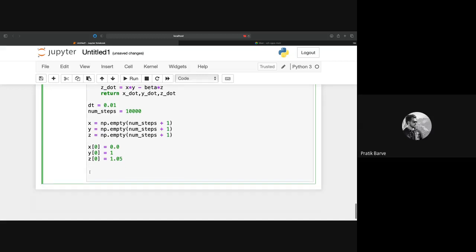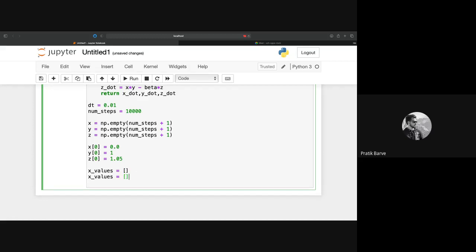And for our for loop to append, we'll say x values. We need to create these extra empty lists so that we can append the for loop values in this and then put it in our xyz main empty arrays.